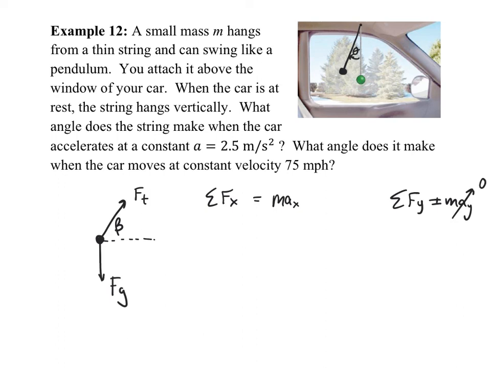It is accelerating left to right because the car's acceleration is given as 2.5 meters per second squared. So in the x direction, we have Ft cosine beta, and that's going to equal max. And in the y direction, we have Ft sine beta minus Fg equals 0.